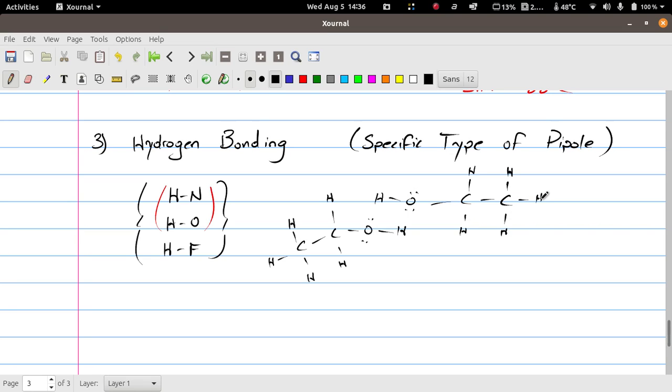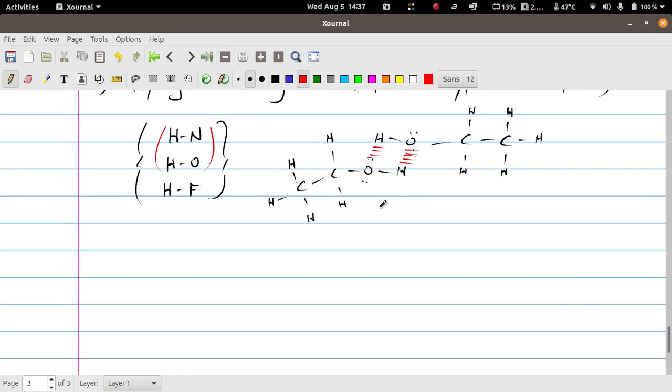So hydrogen bonding only happens between these. It's not going to happen between a C and an H and an OH. It only happens between OHs and HNs. So this dipole is so powerful that it can alter the physical characteristics. I'm going to use water as an example here, but this is what hydrogen bonding looks like. You could have another one over here.